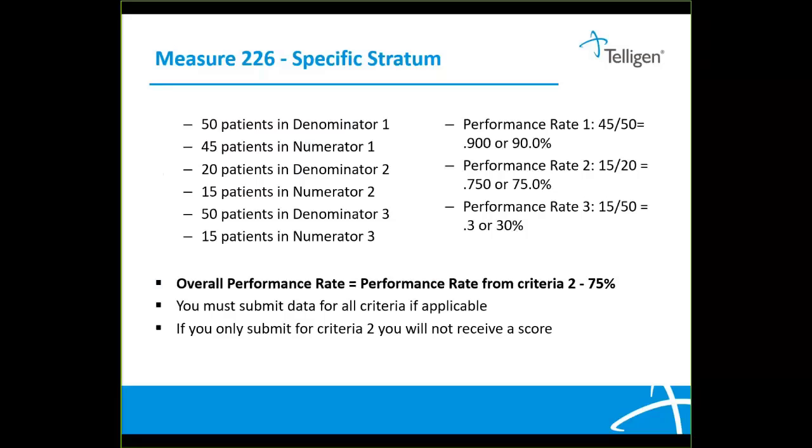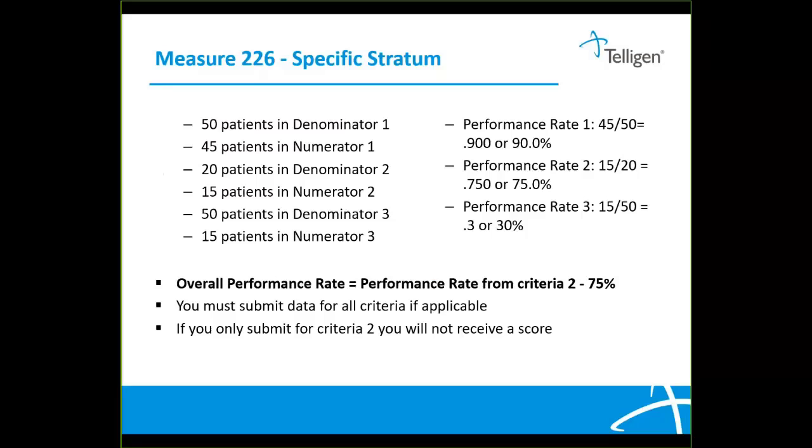Denominator and numerator for patients in the submission criteria 1, we had 45 out of 50, so we scored 90%. For the submission criteria number 2, we had a numerator of 15 and a denominator of 20, so we had 20 patients who were tobacco users, so we scored 75%.